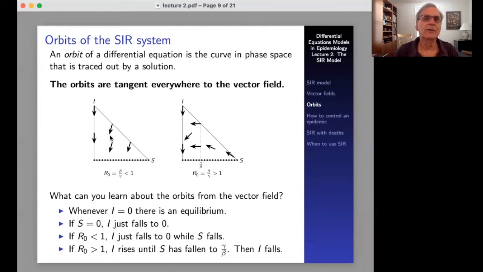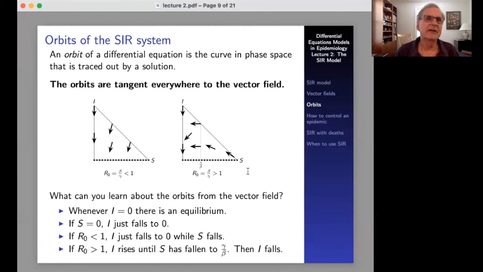What can you learn about the orbits from just looking at the vector field? So first of all, whenever I equals 0, like we said before, there's going to be an equilibrium. You can have a line of equilibrium here. It's good to think about what that means, whether it makes sense or not. In this case, what we're saying is we have an equilibrium whenever the population fraction of infectives is 0.